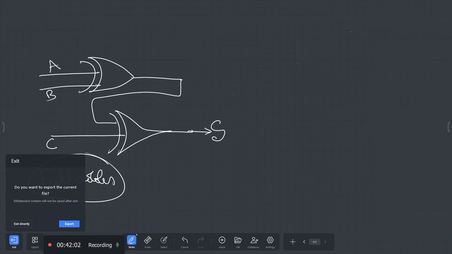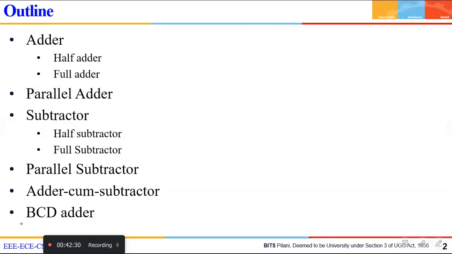Your present output depends on only the present inputs. It doesn't depend on any previous output. If it is depending on a previous output, such circuits are called sequential. We will come back to that, don't worry. So hope all of you understood at this point what a combinational circuit is.